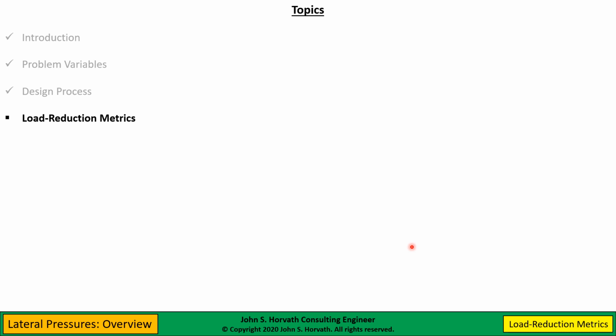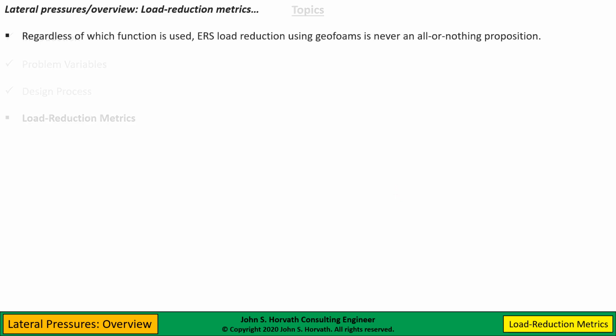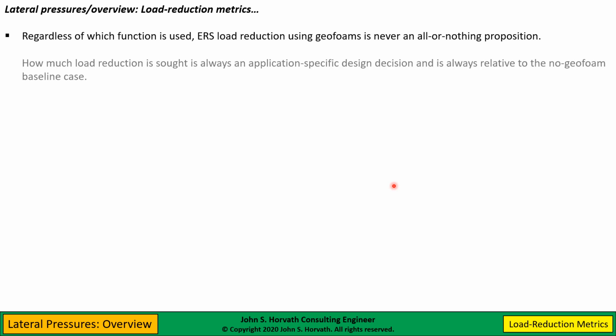I next want to talk about load reduction metrics. Regardless of which function we use, reducing loads on an earth retaining structure using geofoam is never an all or nothing proposition. How much load reduction is sought, again, whether it's designing a new structure or enhancing the performance of an existing structure, is always a site and application specific design decision.